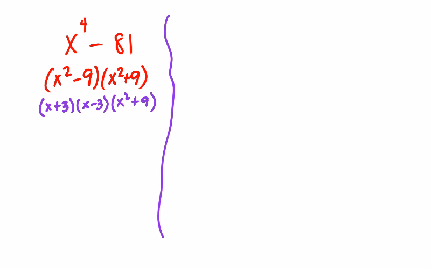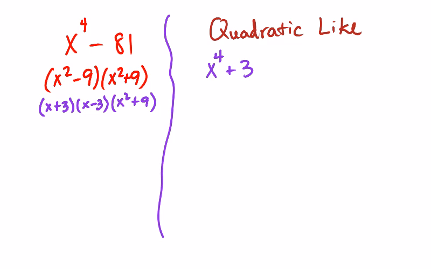Let's go with quadratic-like problems. A problem that would be like a quadratic would be something like x to the 4th plus 3x squared plus 2. The reason it's like a quadratic is because of the exponents.